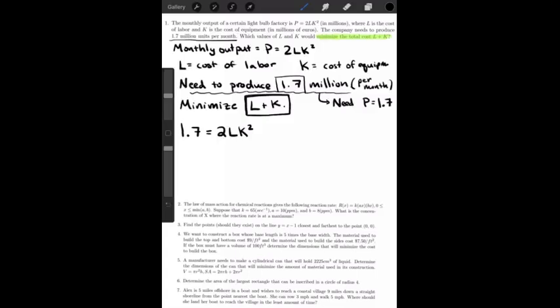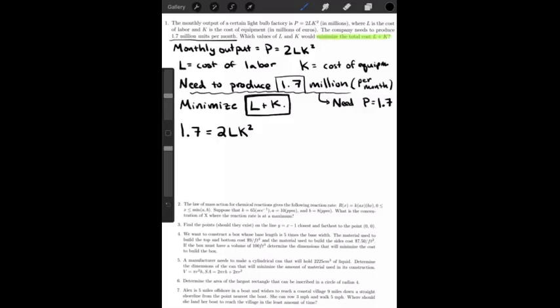Which letter do we like better? Alright, well, I'm going to pick K, because that's going to let us discuss more.